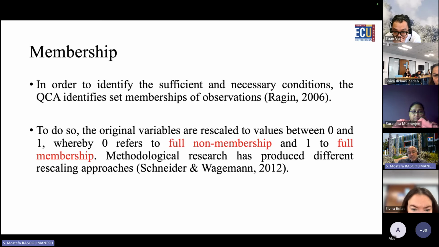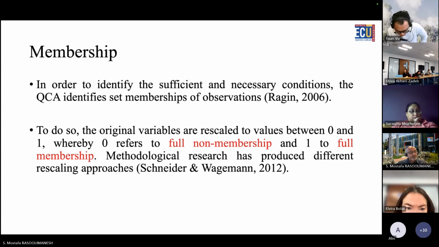But to perform QCA, we need to follow a few steps. The result of QCA is different from the result of the symmetrical approach. And the algorithm and the process that we perform for QCA and fsQCA is also different from the statistical analysis that we do for a symmetrical approach.